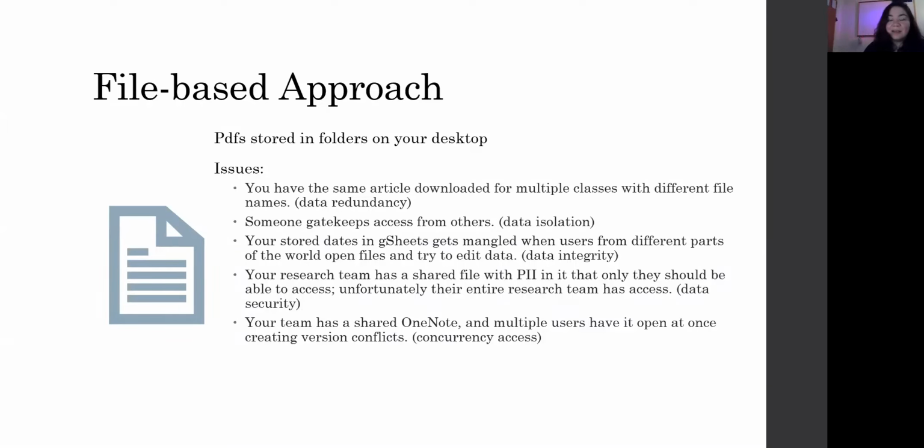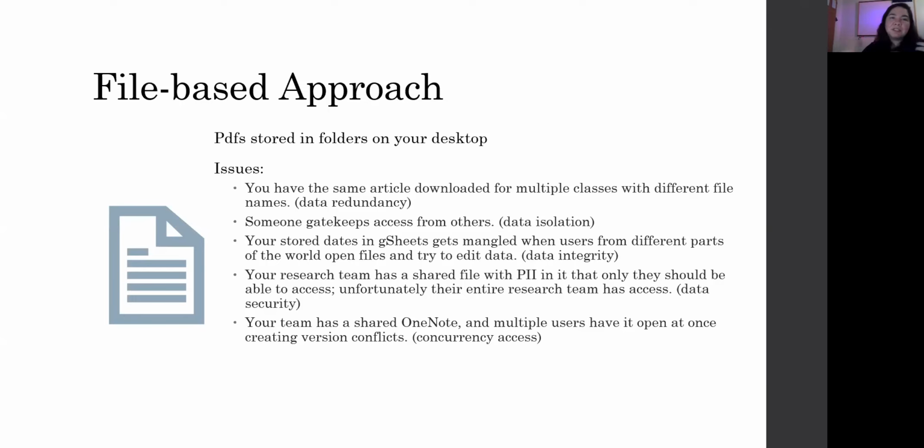Concurrency access. That's when multiple people should be able to access something all at once. A good example of this is something like Google Drive, where you can work on a document at the same time, which enables efficiency, versus something like SharePoint, or worse, emailing drafts back and forth with group members, which is what's going to happen if you work on the project together, because we're not going to have that ability with the way that we're working.